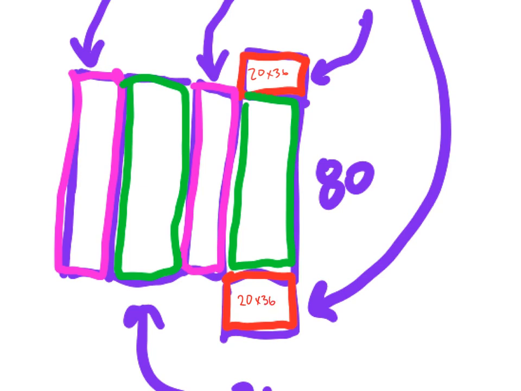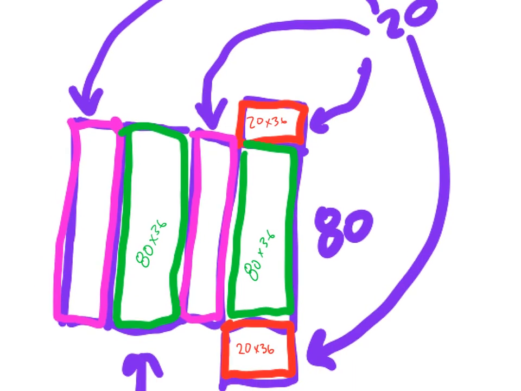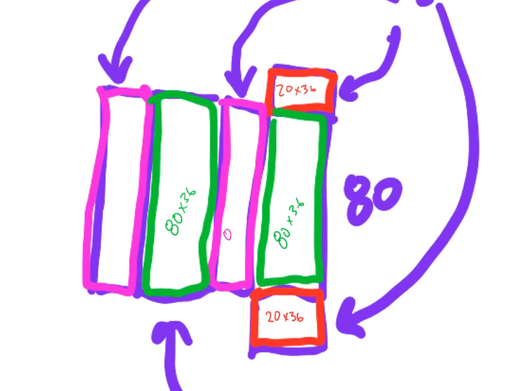Our green shapes are going to be 80 on the side and 36 along here. So we have 80 times 36, 80 times 36. Our pink ones are going to be the 20 along the short piece and the 80 on the long side. So we have 80 times 20, 80 times 20.